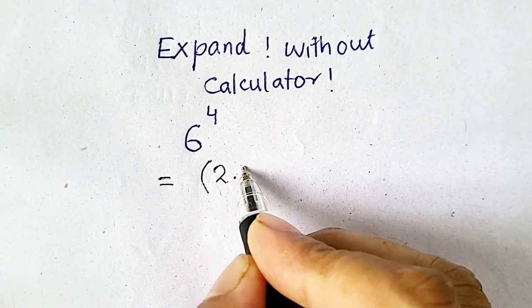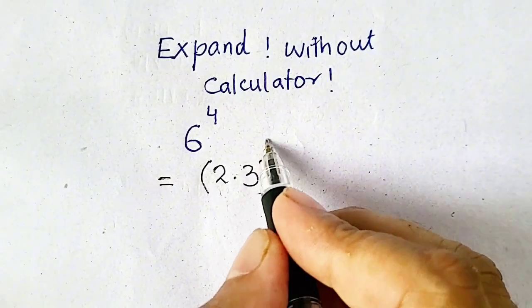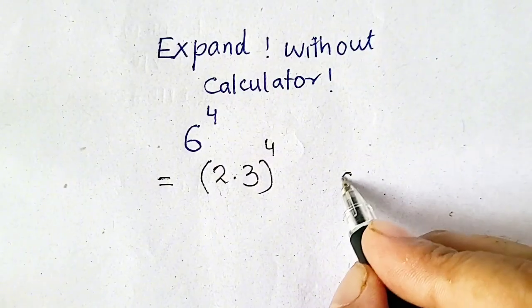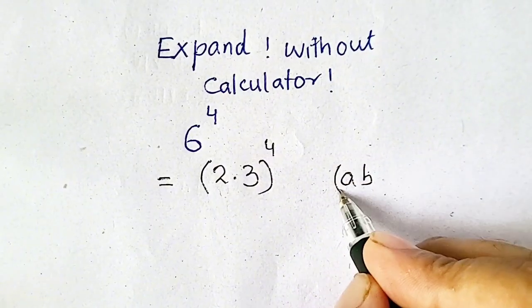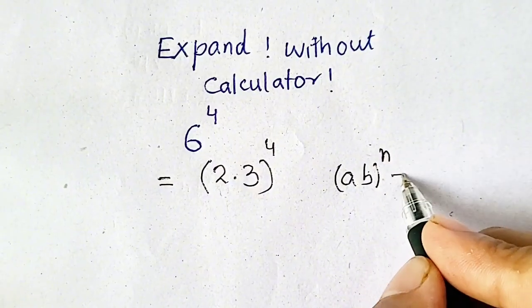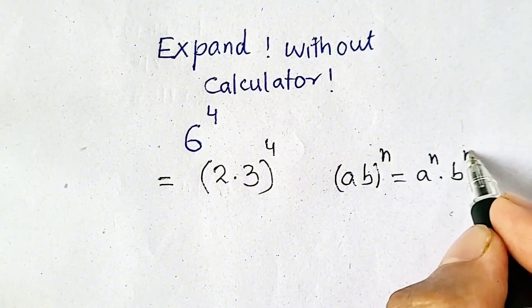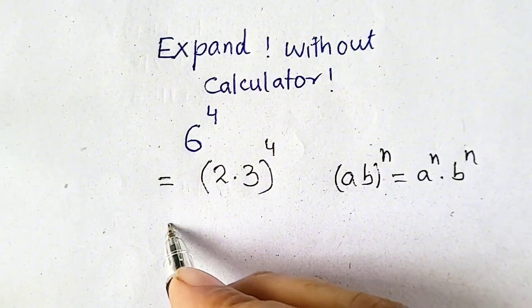2 times 3 will be equal to 6, and here whole part is 4. The rule is (ab) power n is equal to a power n times b power n. Okay?